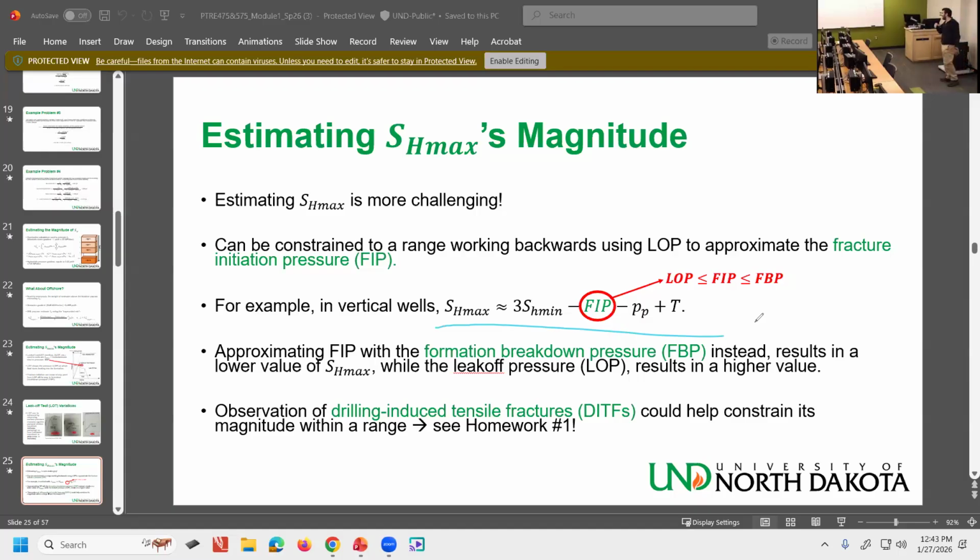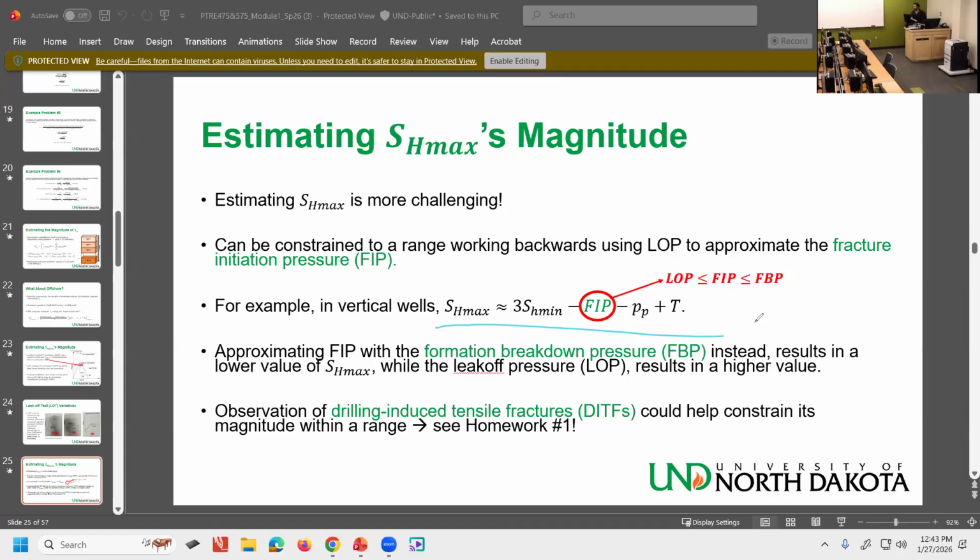Formation breakdown pressure is the highest pressure the well will ever feel, most likely in its lifetime. So that's a very high value. So the range is very, very wide. So when we say approximate SH max, it can give you a very wide range here. It might not be good enough to give us an answer within a short range that will make sense.